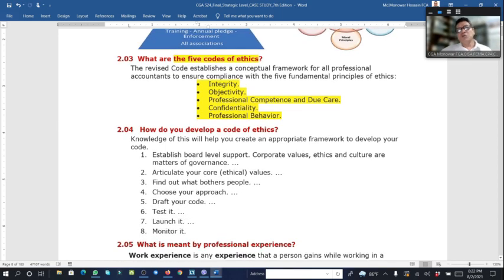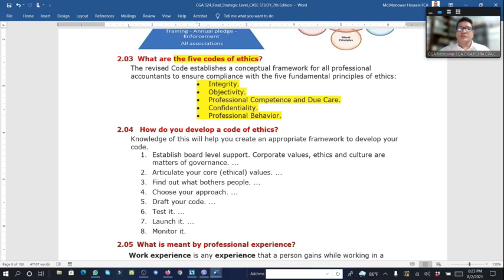So how do we develop a code of ethics within the organization? We have to develop it. That means increase the corporate value, ethics and cultural matters, and establish corporate governance within the organization. And we have to find the right people for the right place.